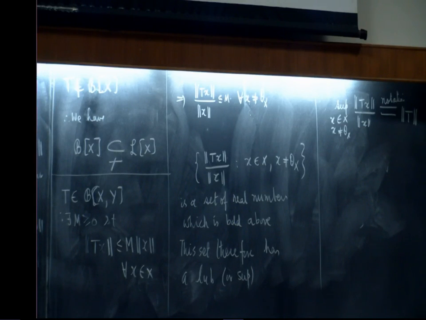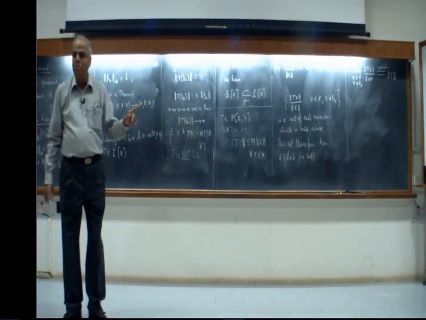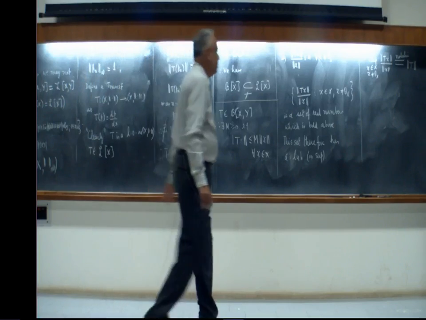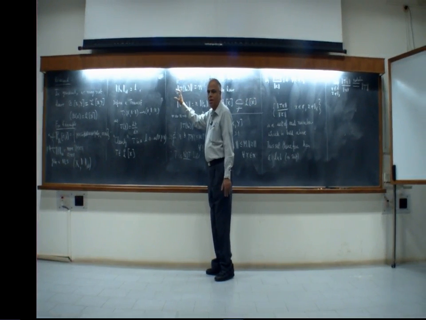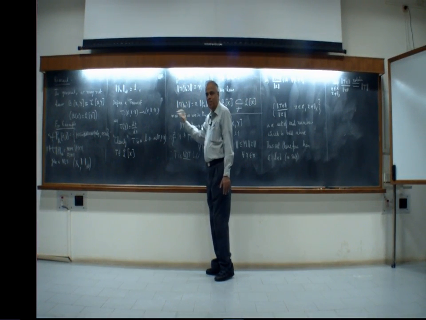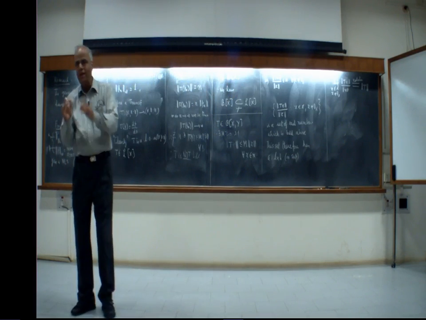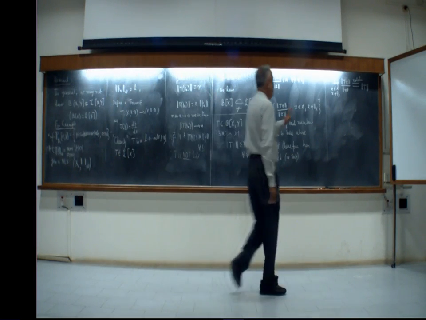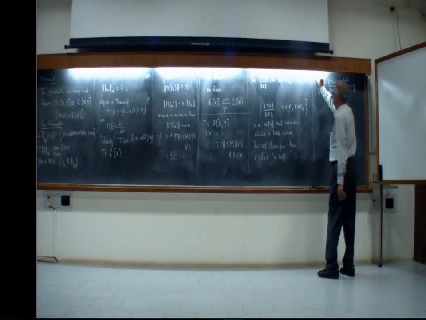Once we fix the two spaces, the two norms are fixed and it is connected with the transformation T. But in defining that number, both the norms play a role. It is not that only one norm plays the role. So if I keep the same X and change the norm in Y, keep the same transformation, then norm T will change. If I try to change any one of them, things may change. Okay, so this number is denoted by norm T. So this is a notation.